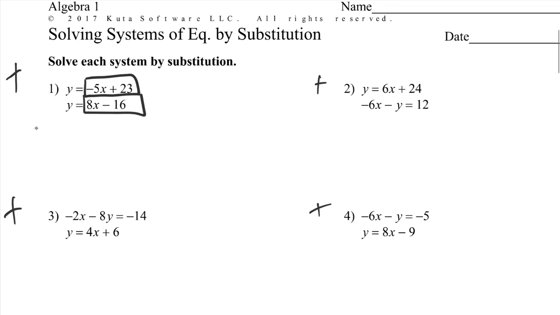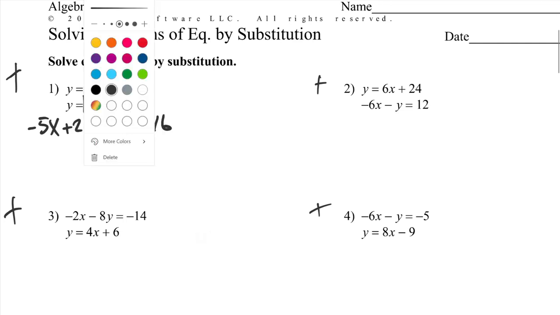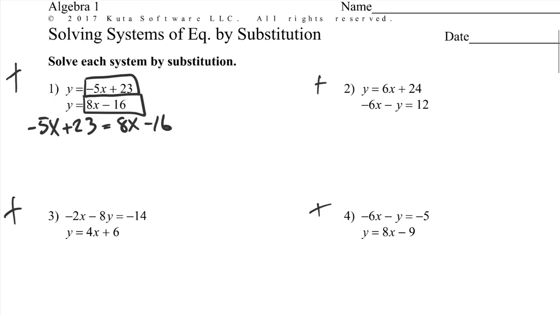So we could write that negative 5x plus 23 equals 8x minus 16. And we're solving for x because that's the only variable we have, so we'll add 5x to both sides.